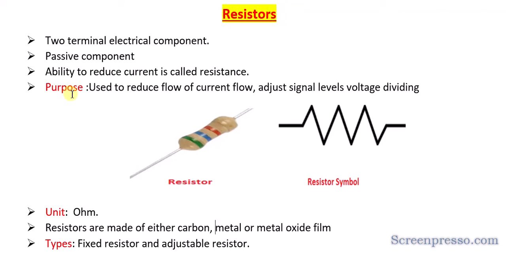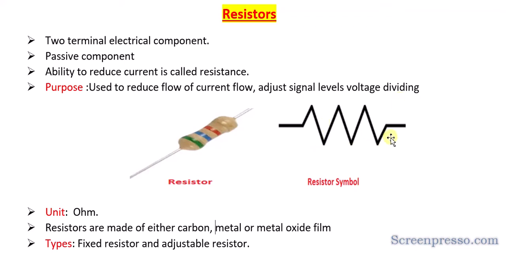So next is the purpose why resistors are used: to reduce the flow of current, as I told you, and to adjust signal levels, voltage dividing, etc. Once the current is continuously flowing, at some point we need to limit the current flowing in the circuitry.